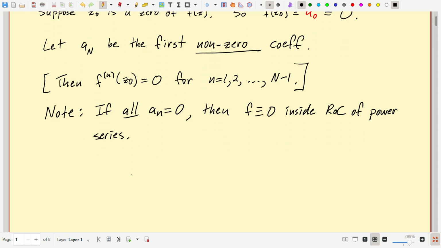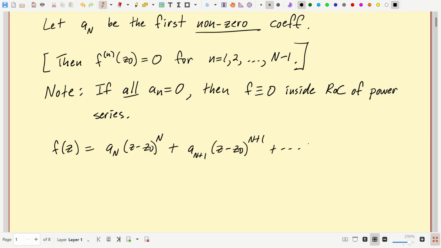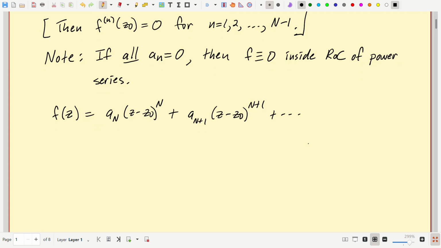But if I have a non-zero coefficient, now I can do this. f of z is equal to, that power series starts with an. So the next term would be an plus 1, z minus z0 to the n plus 1, plus etc. Now you realize I can factor out z minus z0 to the nth power from that power series.